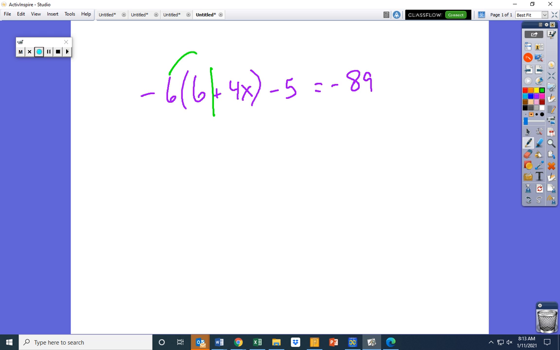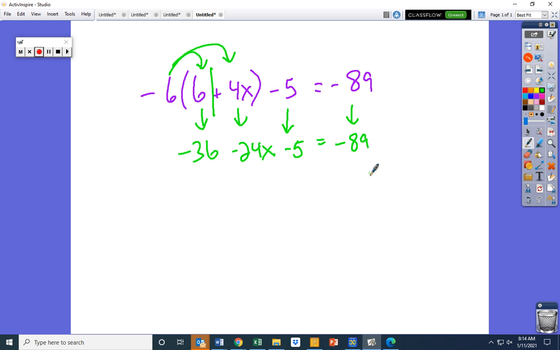So negative 6 times 6 is what? Negative 36, and negative 6 times positive 4 is what? Negative 24x. Now, did I do anything with this negative 5? I didn't, so I'm just going to bring it down. I didn't do anything with negative 89 either, did I? This is negative 89. Okay.